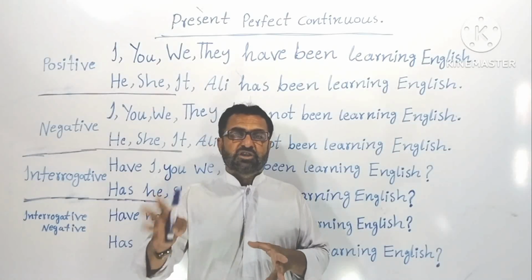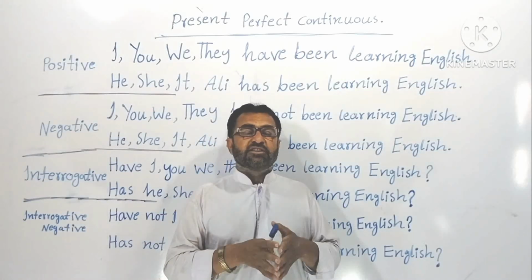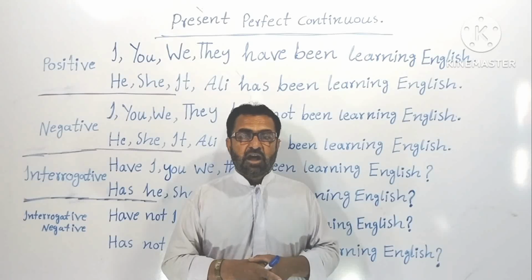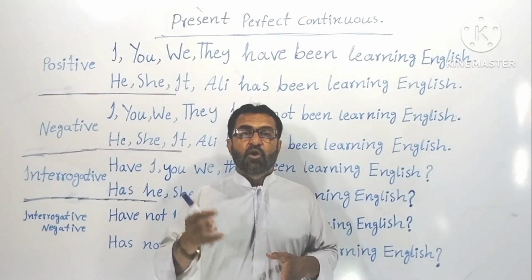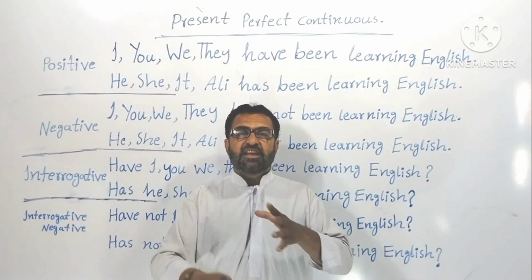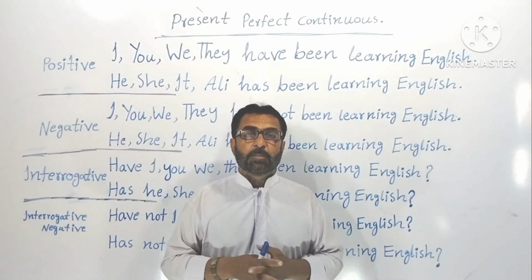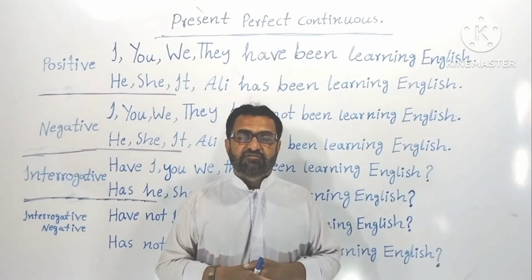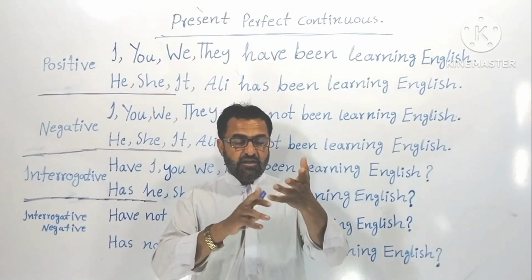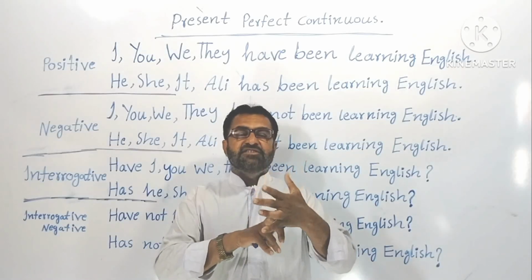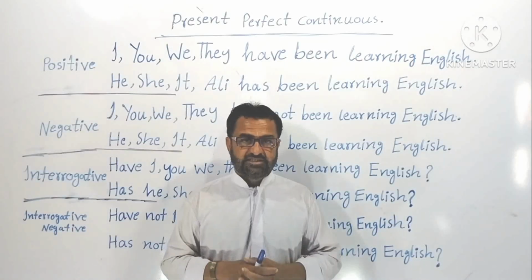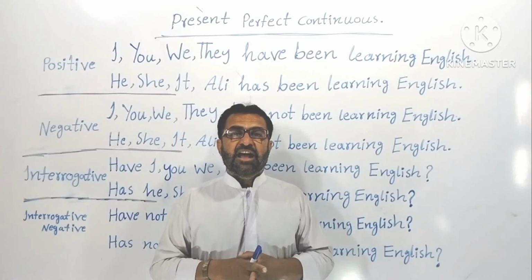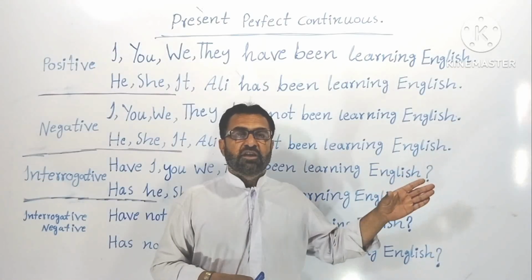I'm not talking about those kinds, but here I am talking about the versions of the sentence. How versions of the sentence? Subject is the same, verb is the same, object is the same, but still there are some changes in the sentences. So those are called versions of the sentences, like positive sentence, negative sentence, interrogative sentence, interrogative negative sentence. Understood?